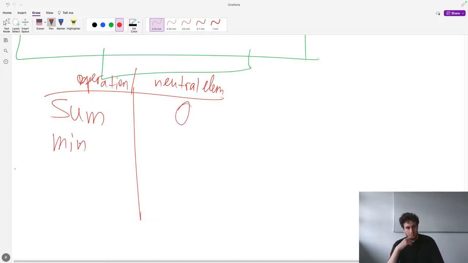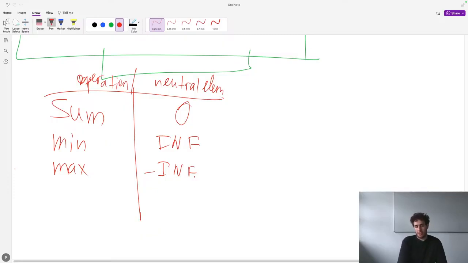For minimum, we already talked about that, it's infinity. Because if I take minimum of something and infinity, this something doesn't change. We still have this a. If it's maximum, it's going to be the other way around. It's going to be minus infinity. Taking maximum with minus infinity doesn't change anything.